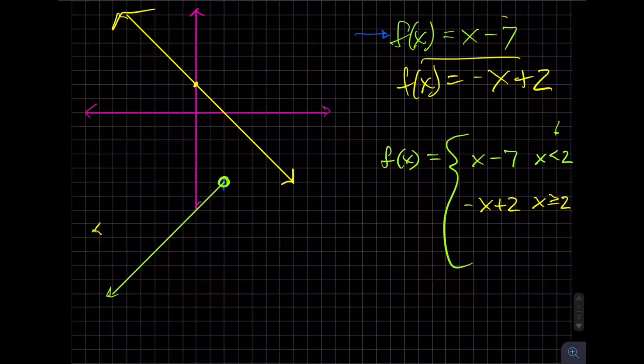And so I would only include those values from here all the way down to there, and it doesn't include all of that stuff. And it would include a solid circle here because it does include the number 2 as part of the function.